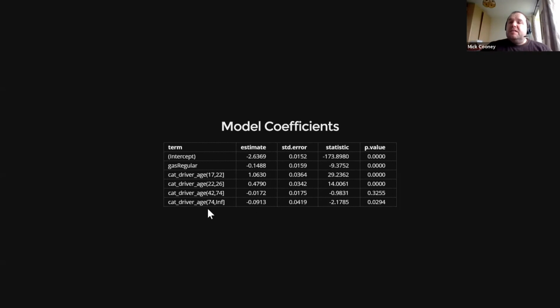And we see the rest of them. And actually, strangely enough, the very old guys and women reduce the claim rate. It's actually kind of down a bit. That's probably just the way the data works. But that's kind of curious, but that's what the model says, which means maybe we should look into it later. But for the moment, we'll go with it.